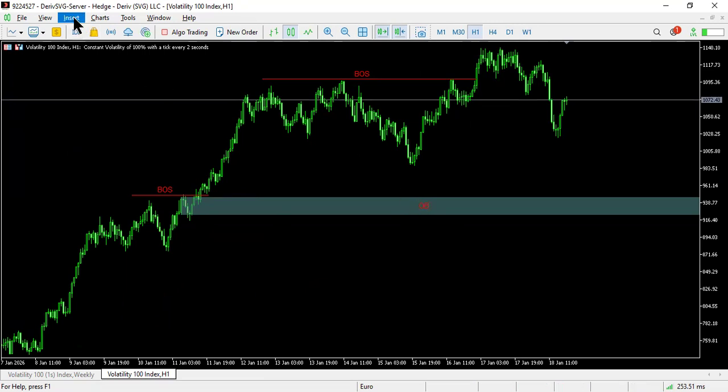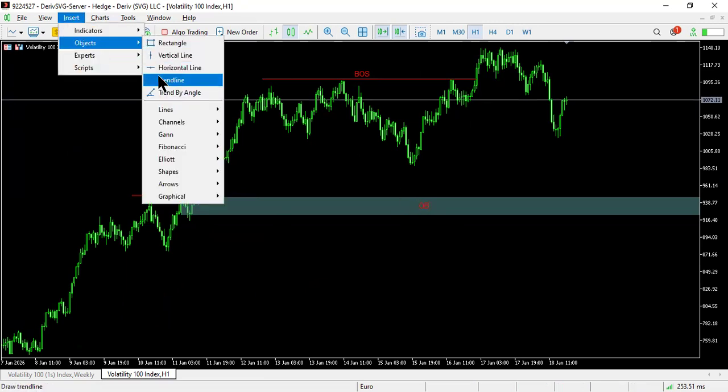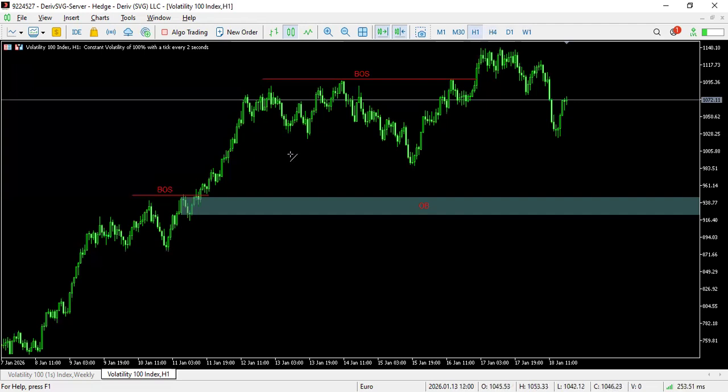And then all our confluences are intact. I am seeing this as liquidity that price has to clear to come and dip us into the order block down there. So all our confluences are intact. We have a recent break of structure. We have an unmitigated order block and liquidity present.